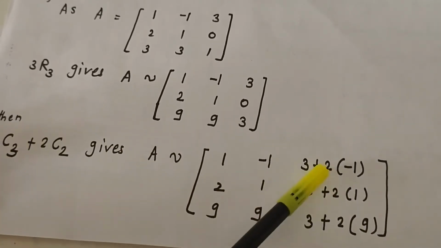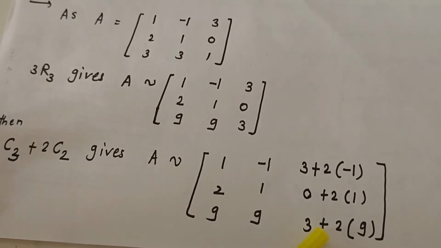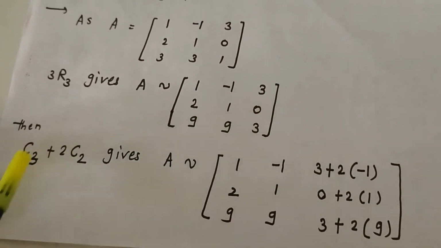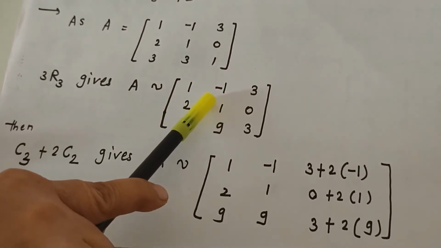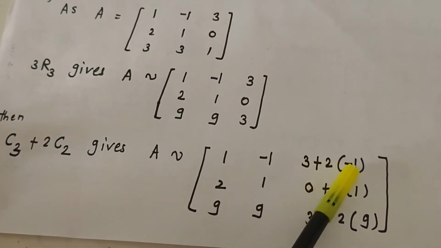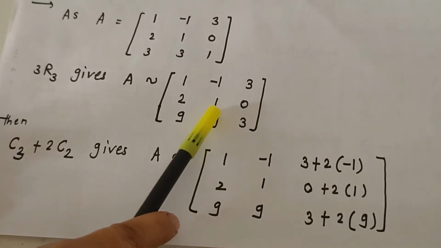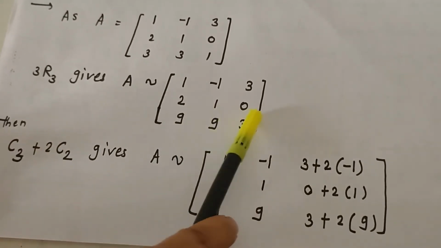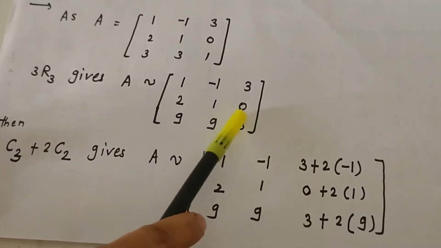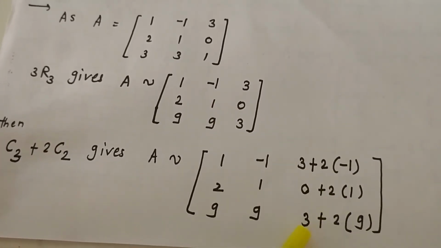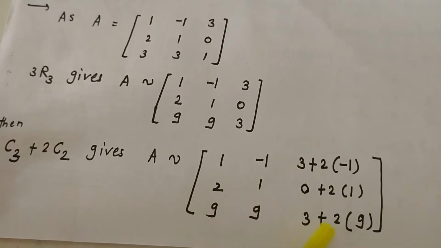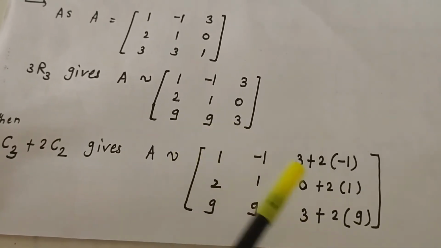Changes are done in the third column, such as 3 plus 2 into the element in C2. So 3 plus 2 into minus 1. In the second element, 0 plus 2 into 1. Third element, 3 plus 2 into the third element 9.